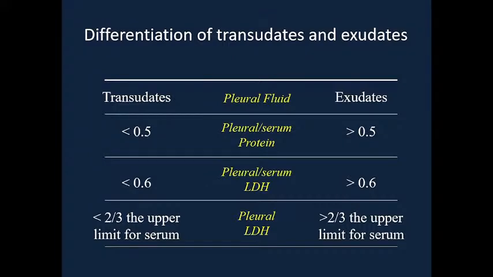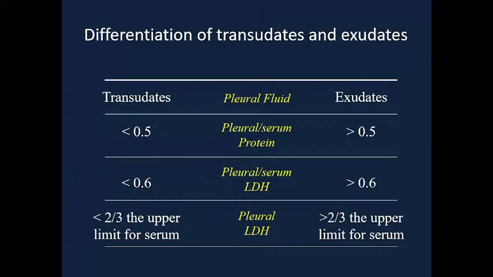If it is more than 0.5, that's an exudate. Similarly, you take your pleural fluid LDH and a serum LDH, and if the ratio is less than 0.6, that is a transudate, and if it's above 0.6, that's an exudate.